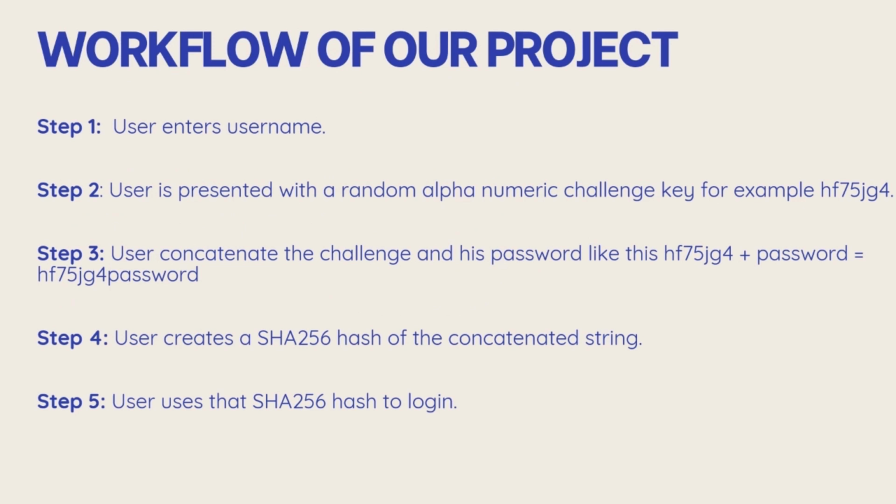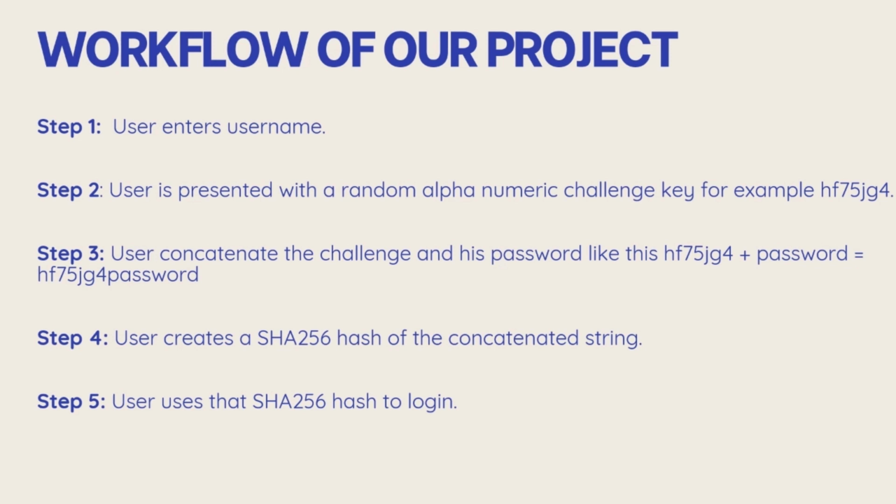About the workflow for our project: the first step, the user enters their username. The second step, the user is presented with a random alphanumeric challenge key, for example, HF75JJ4.